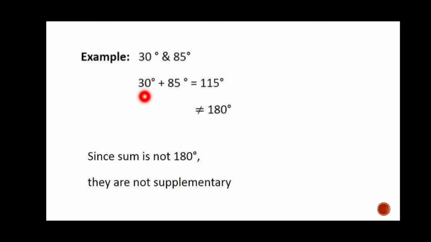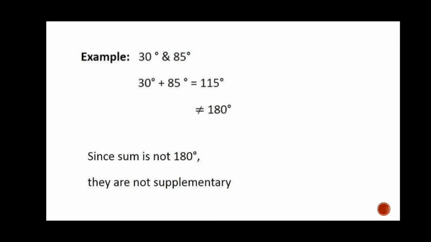We add 30 plus 85 and get the sum 115 degree, which is not equal to 180 degree. Since the sum is not 180 degree, they are not supplementary. So if two angles are acute angles, their sum will not be 180 degree and hence they will not be supplementary angles.